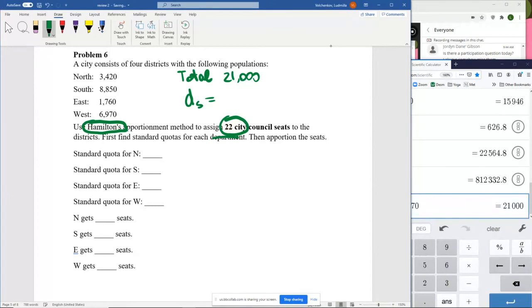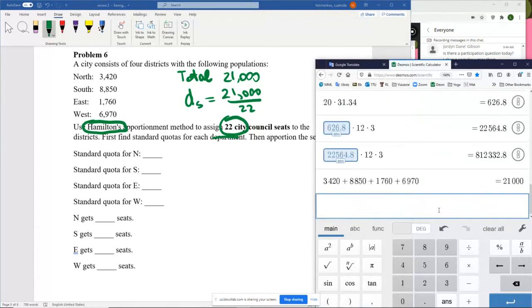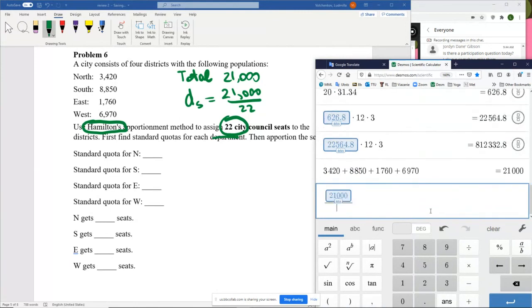It makes it quicker to work with the standard divisor. It will be 21,000 divided by the number of seats to distribute, 22. So we divide the answer by 22, the standard divisor.